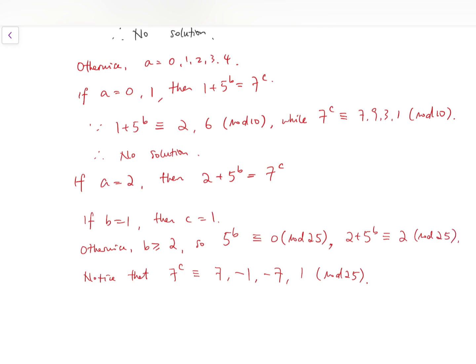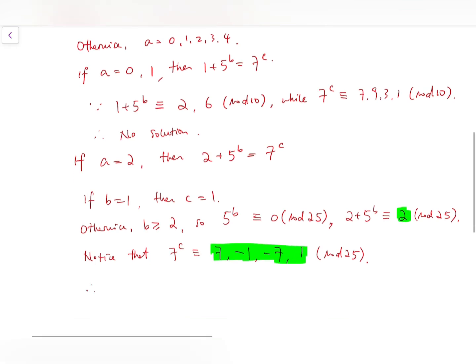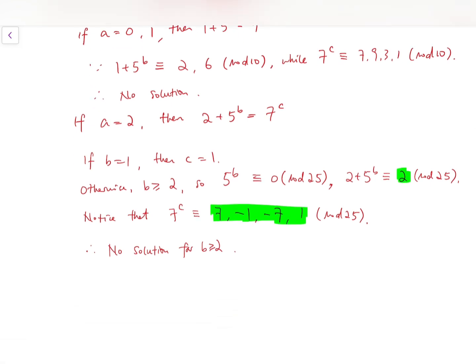And so you can compare this and this block, and there's nothing in common, and so there's no solution for b larger than or equal to 2. So you can tell that this is the only pair of solutions you can find in this case.